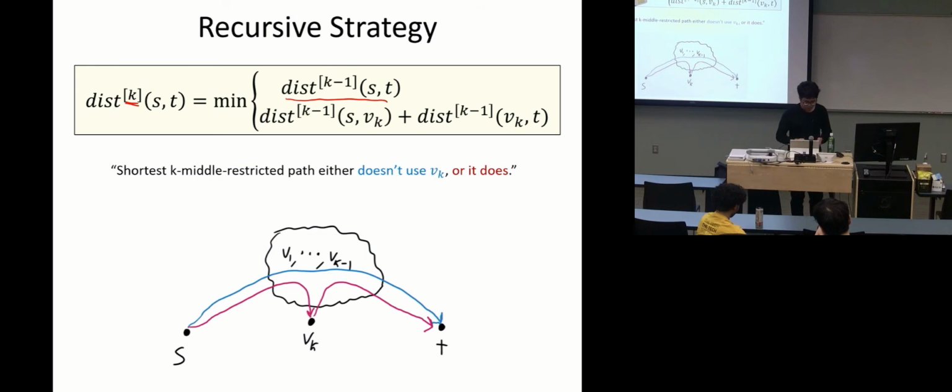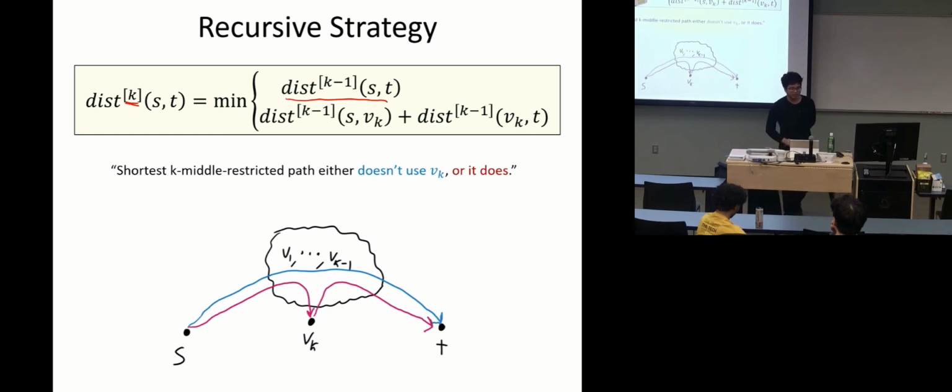Otherwise, if you need to use Vk, then you can go to Vk first. The inner vertices of this path are going to be only from the smaller set, because Vk is not an inner vertex of this part. Then go from Vk to T, again using only the smaller set, because Vk is not an inner one.